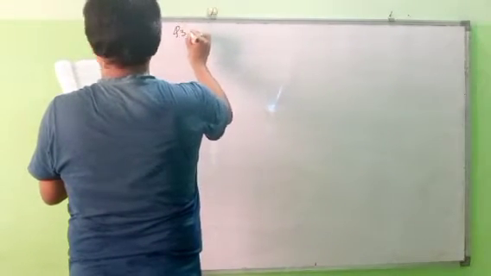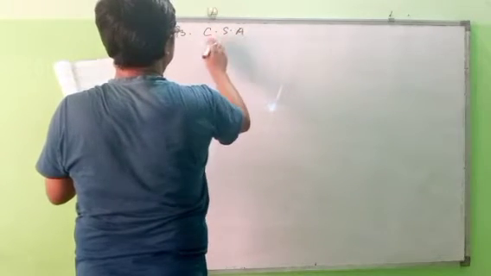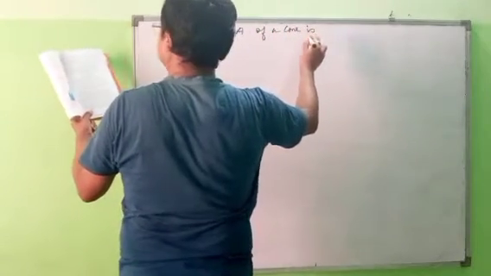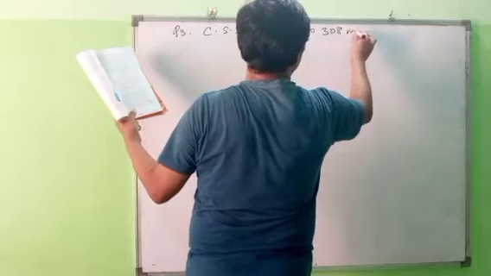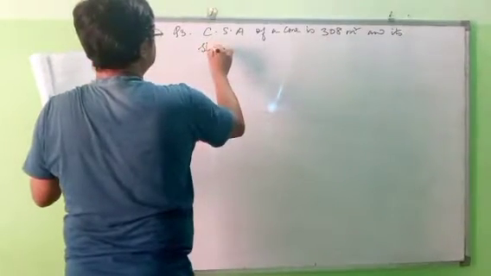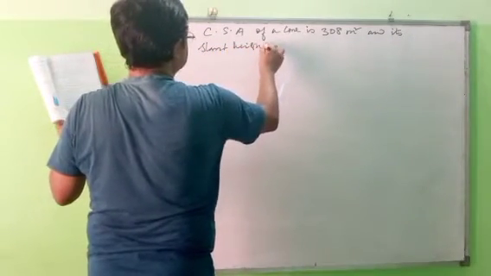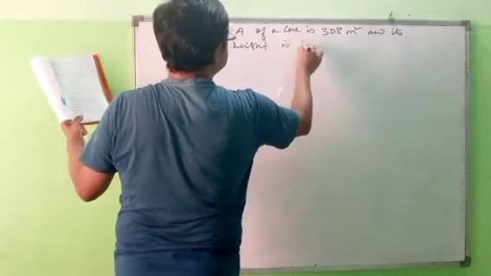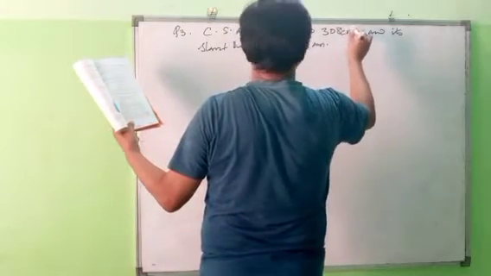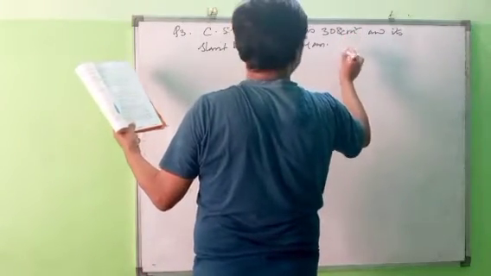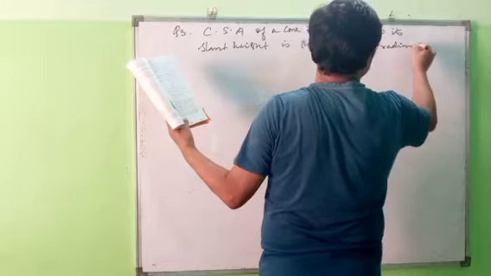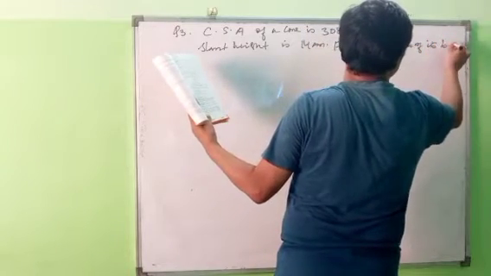Question number 3. The curved surface area of a cone is 308 centimeters square and its slant height is 14 centimeter. Find number 1, the radius of its base.